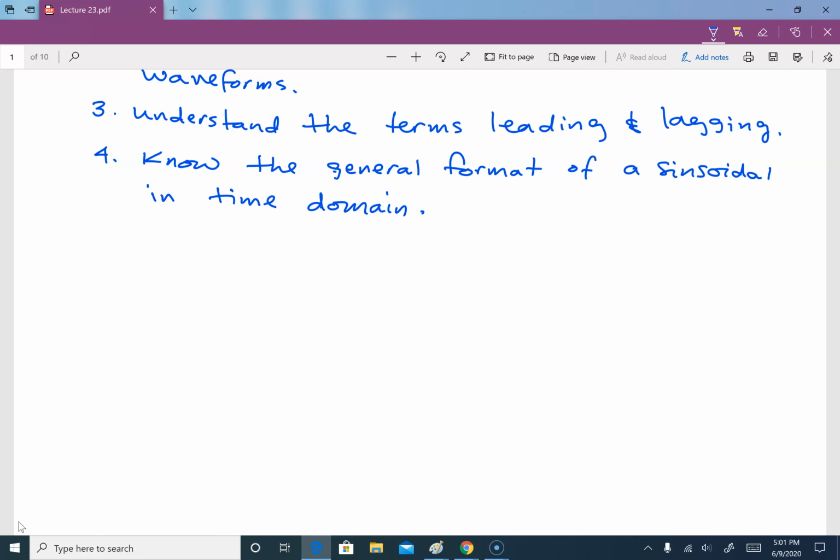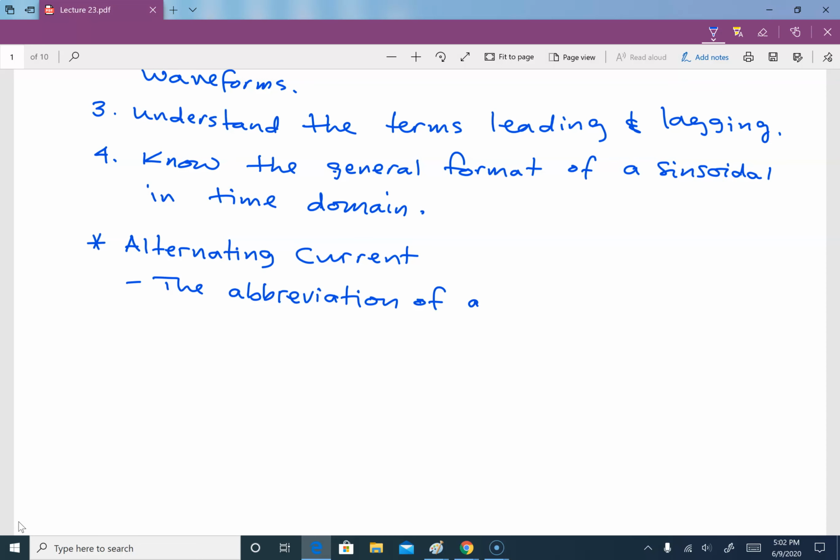So first we will start with what we call the alternating current. First, the abbreviation of alternating current is AC.